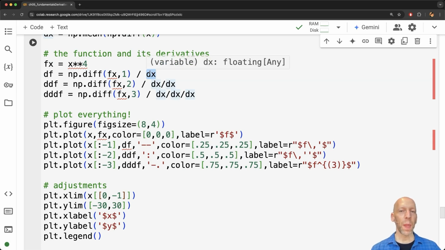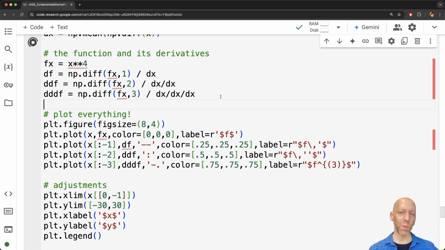You have to scale by dx for as many times as you are calculating the higher order derivative. So this, for example, would be incorrectly scaling by dx here, right? So it needs to be scaling by a dx term for each higher order derivative. Okay, so that is a tricky point, something to keep in mind. Okay, and then, yeah, running this code just reproduces the plot again.